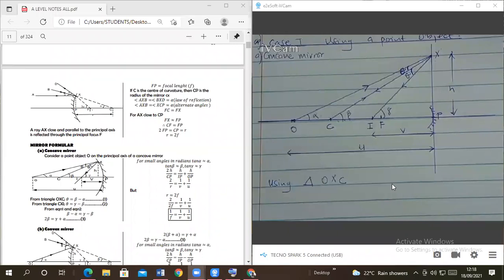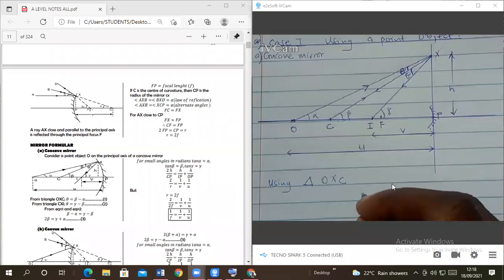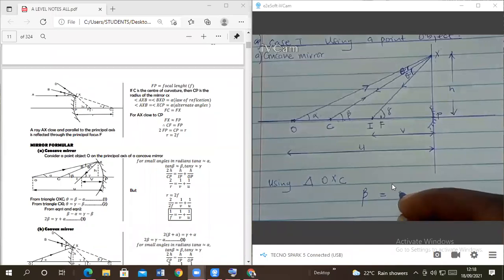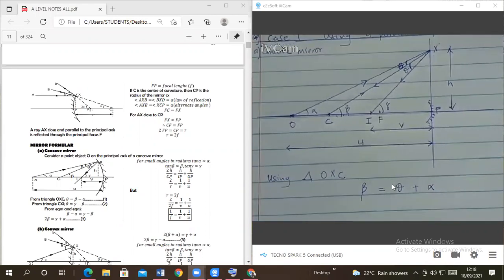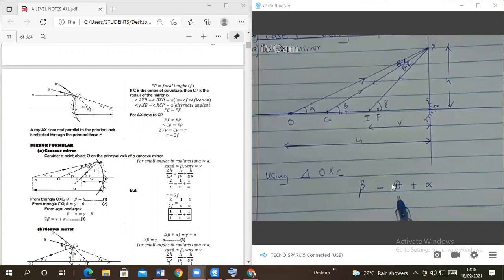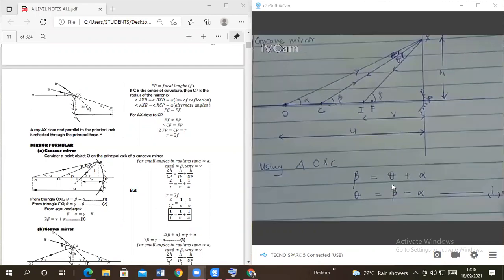So beta is equal to theta plus alpha. If you want to make theta the subject, we shall say theta equals beta minus alpha, and we shall call that equation 1.